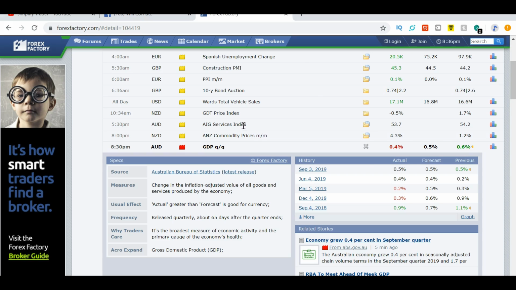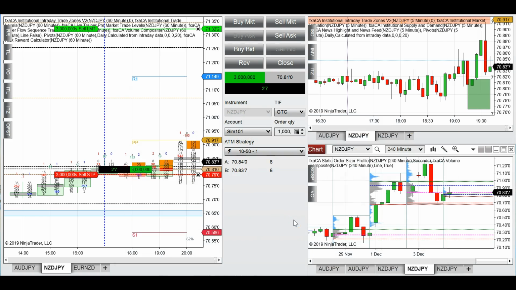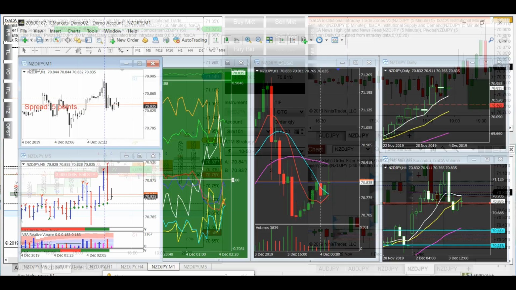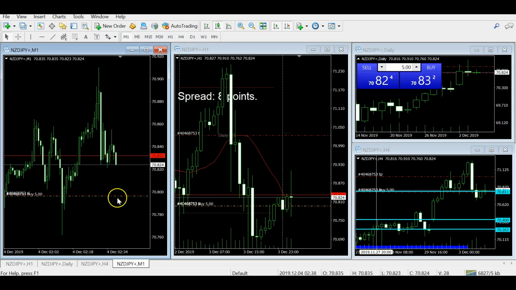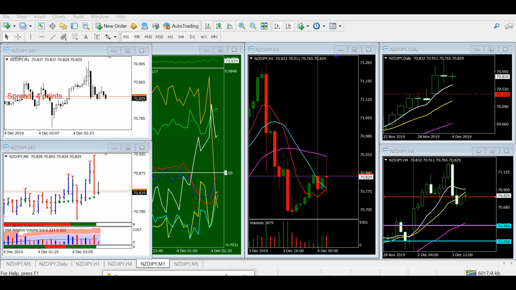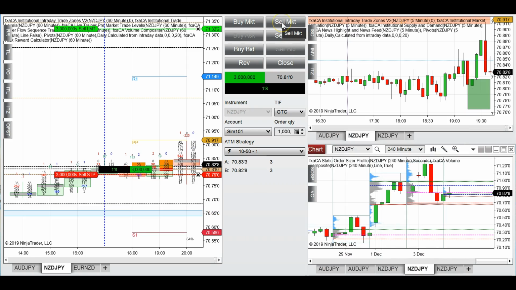So I'm still monitoring the news while I'm looking at my chart, and we can see how we hit the daily pivot right at this point, and you can see how everything is just collapsing right now. And I'm closing also profit from the large account.